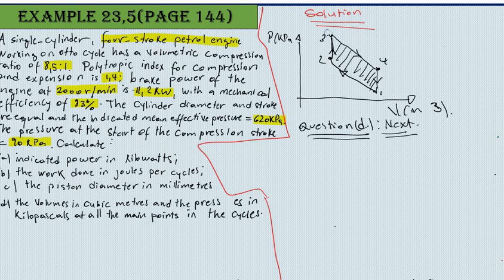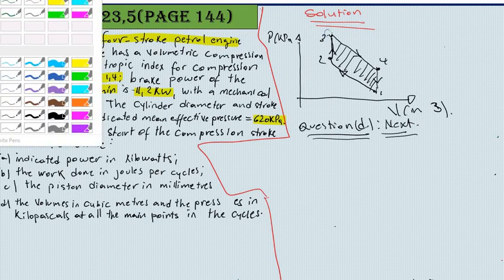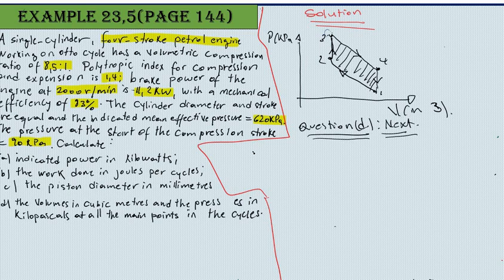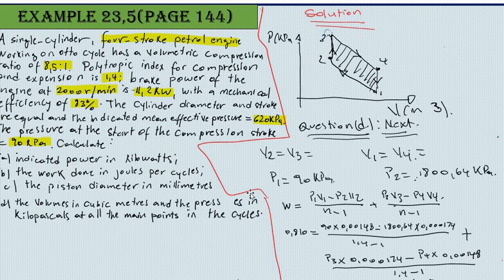On my right-hand side, 0.8110 is equal to, so I first need to work this out.